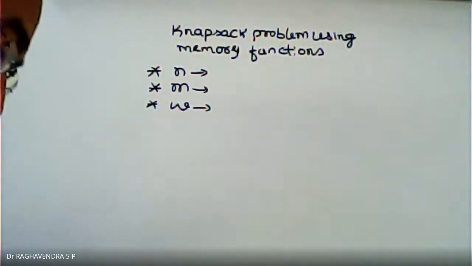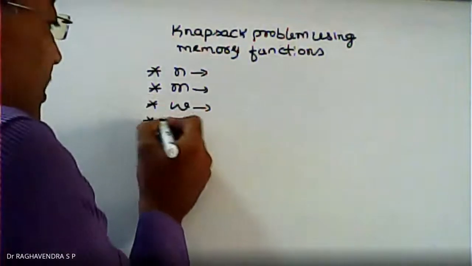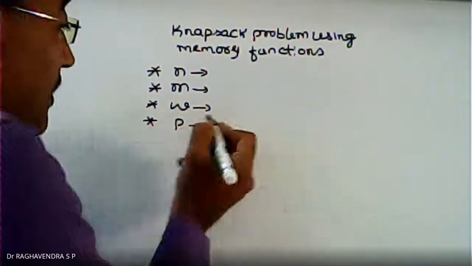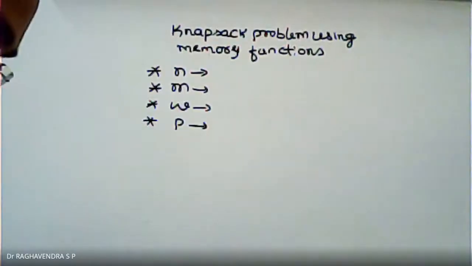W is an array of weights. Next is P. What is P? Profit. P is an array of profits.